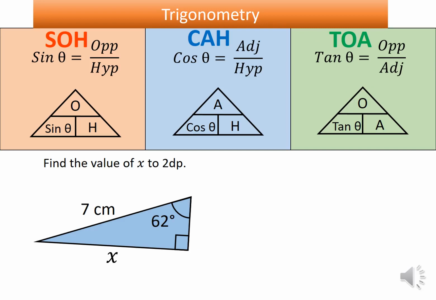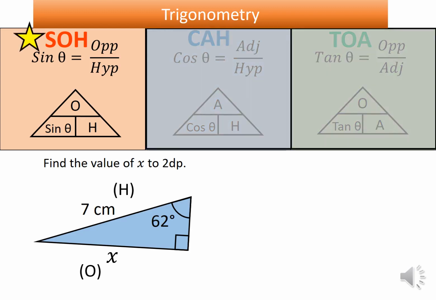In another example, I've got again one angle and one side given, and I need to find the value of x. So first you need to identify what's given in the question. Now 7 centimeters, this is the length of the hypotenuse. As you can see, this is the longest side, which is opposite the right angle, and x is the opposite side because it's opposite the angle that we are given, which is 62 degrees. So I need to use sine because this is the ratio that involves opposite and the hypotenuse.